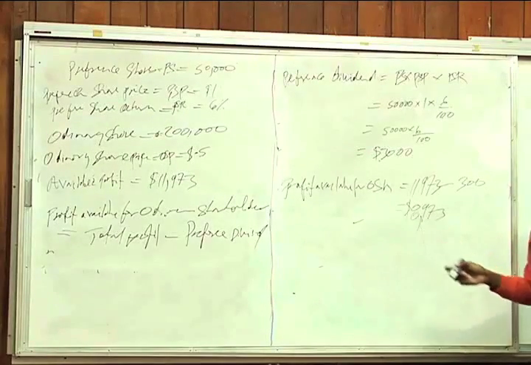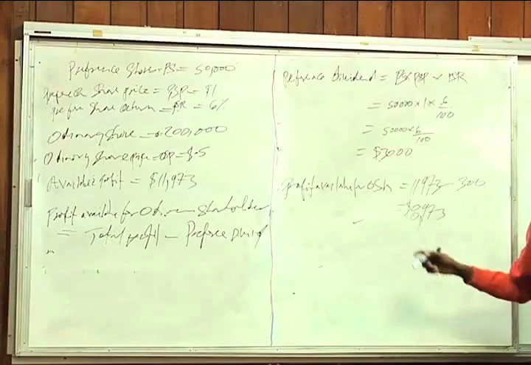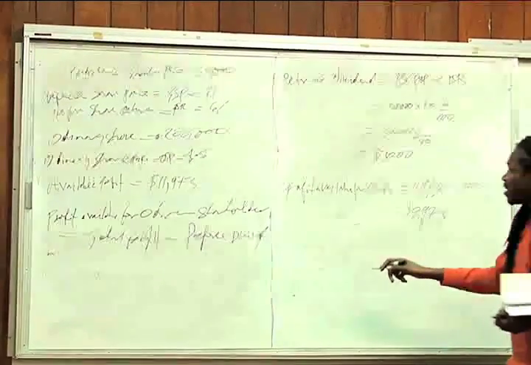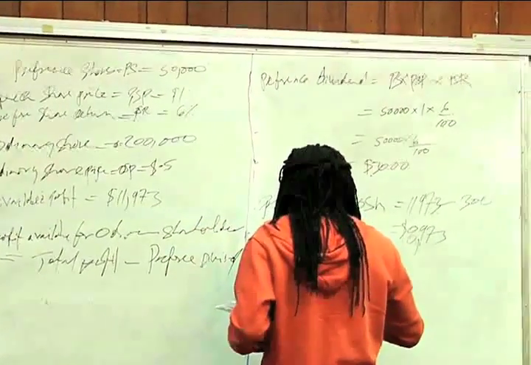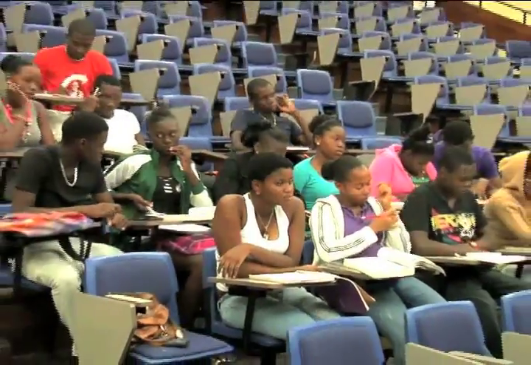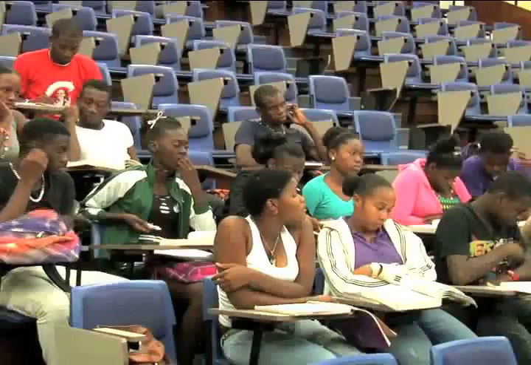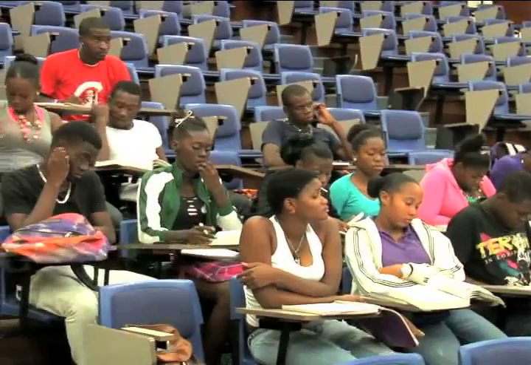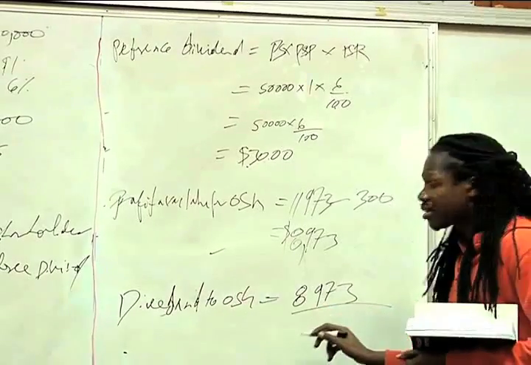So dividend to ordinary shareholders equals profit available over ordinary shares.